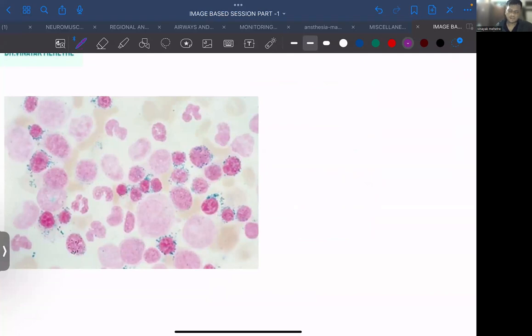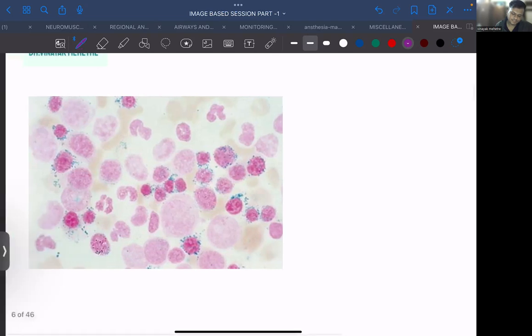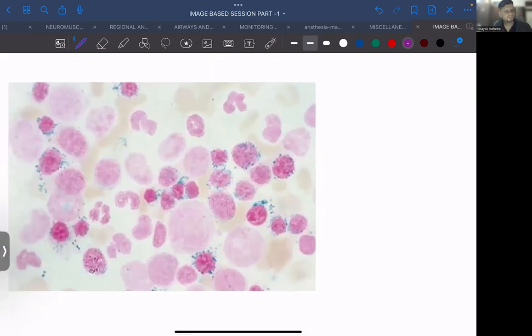Patient presented with headache, dizziness, shortness of breath, pallor, and a peripheral smear is done. Okay. Patient was on anti-TB drugs. Now he presented with this peripheral smear. What is the probable diagnosis? Take a look at this.